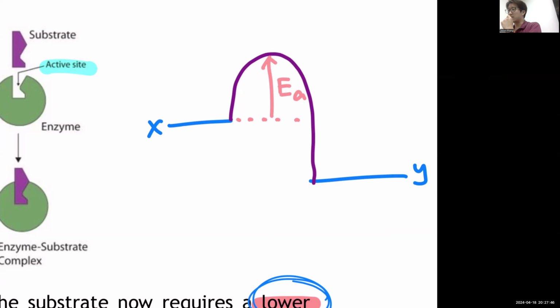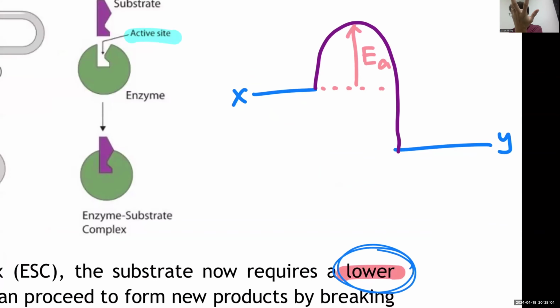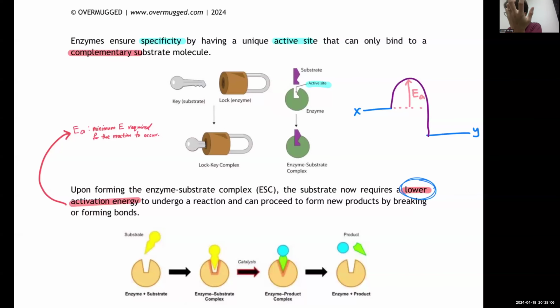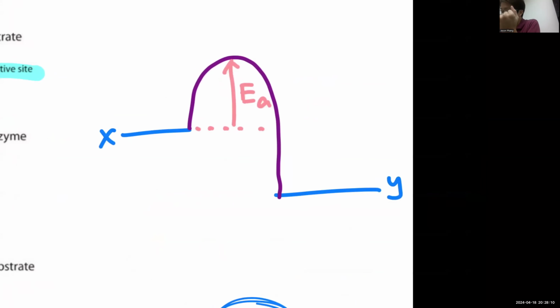So based on what we just highlighted about enzymes, what will enzymes do? They increase rate of reaction by doing what? Lowering activation energy. Those are the three words that we just highlighted.